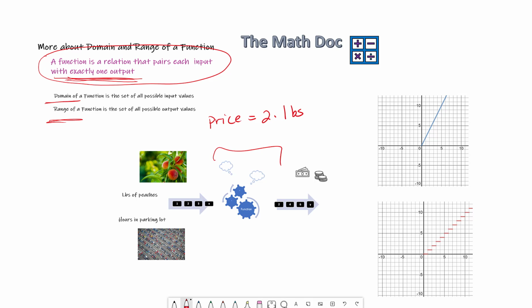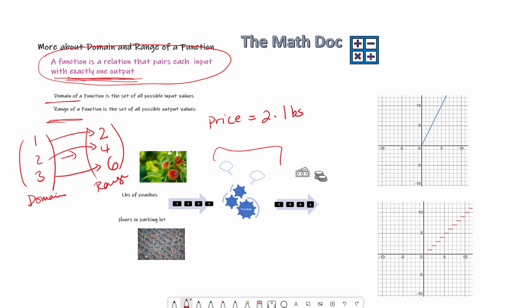And so if we had the input, say 1, 2, 3 pounds, these had outputs of 2, 4, and 6. So 1 pound is $2, 2 pounds are $4, and 3 pounds are $6. And that relation between the domain of inputs and the range of outputs is the definition of our function.